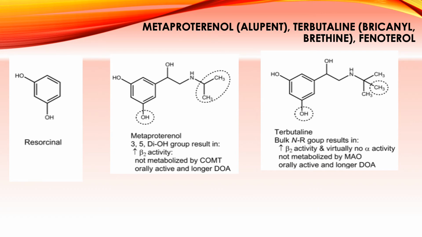So our metaproterenol has a beta directing isopropyl group, and it is less beta 2 selective compared with terbutaline, which has a beta 2 directing tert-butyl group that causes less cardiac stimulation.